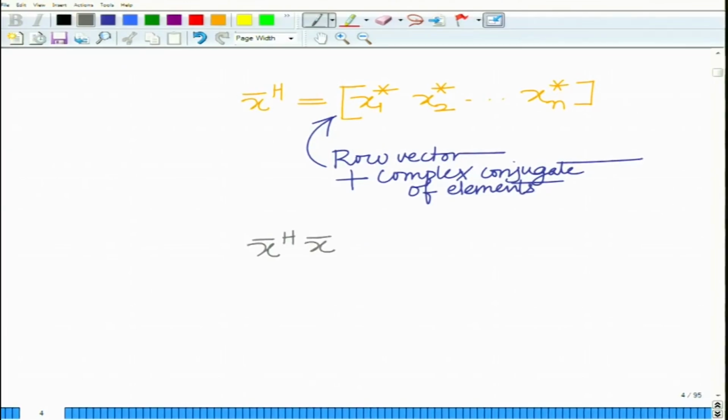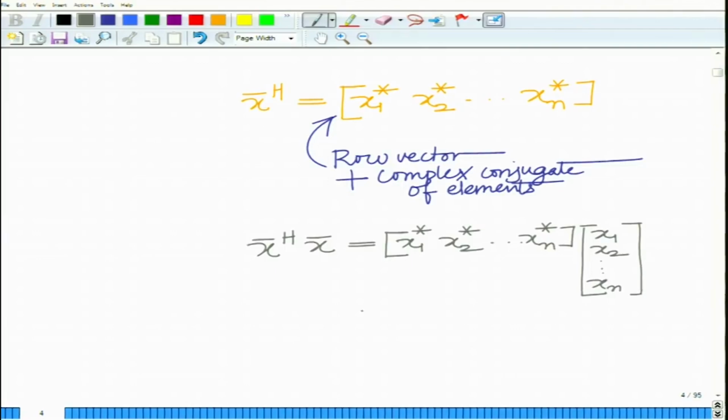x bar Hermitian into x bar is equal to x1 x2 conjugate xn conjugate times x1 x2 xn, and this is equal to now the magnitude.